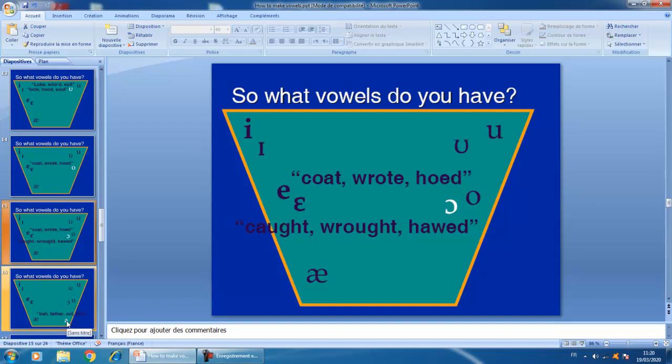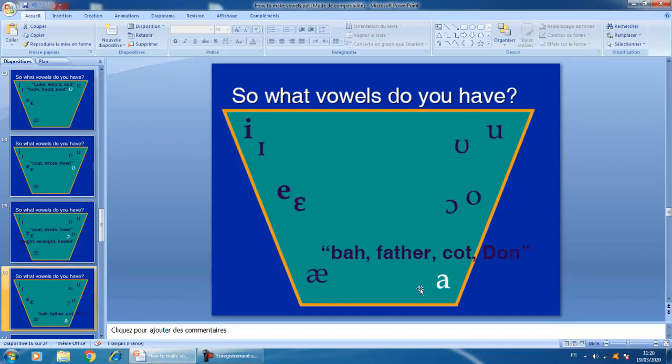Another back vowel that we need to introduce is this one, as in father, caught, don. So notice there is a certain pattern in English here.